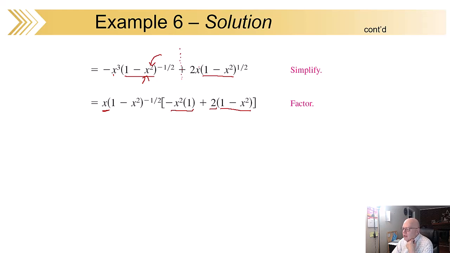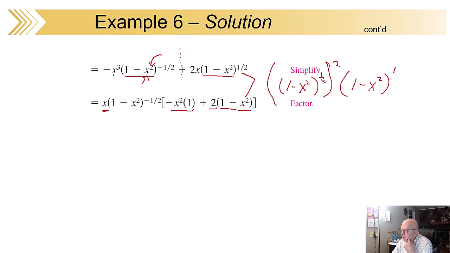So one thing to keep in mind is to get from here to here, keep in mind that 1 minus x squared to the 1/2, if you square this, you get the 1 minus x squared to the first power.